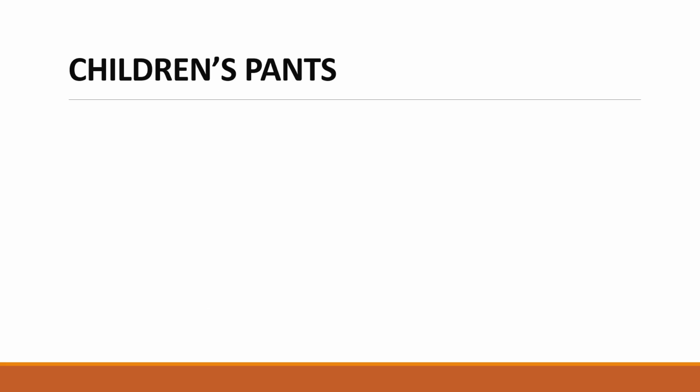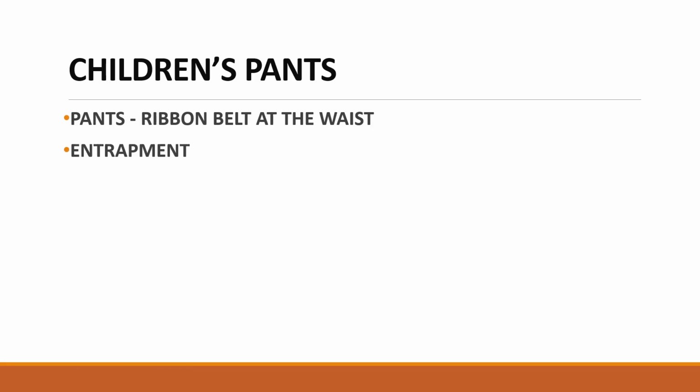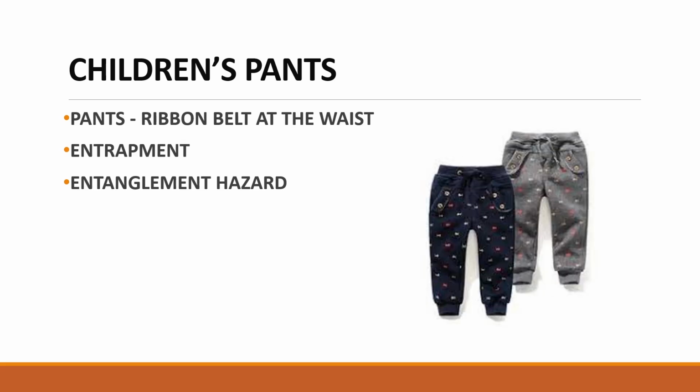Now let us see children's pants. This is also another example. There was a ribbon belt at the waist. What was the problem? An entrapment problem may happen due to this ribbon belt. Entanglement hazards can also happen due to this. So these are pants wherein the ribbon belt was at the waist area, and entrapment and entanglement hazards may happen due to this.